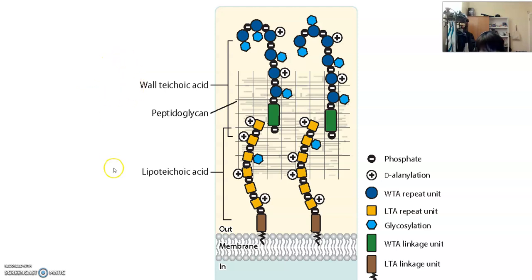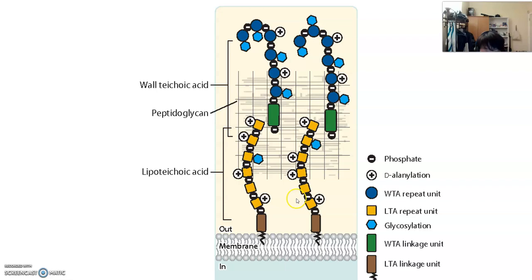Teichoic acids are important because they stabilize the cell membrane, protect the cell membrane from being degraded in this extracellular space, and they also prevent the diffusion of antimicrobials.